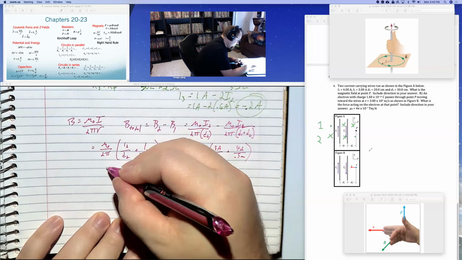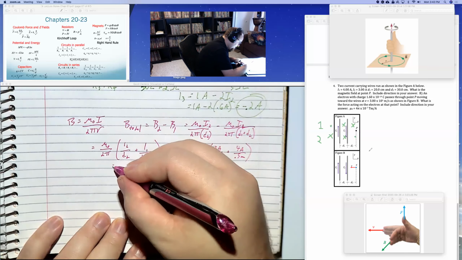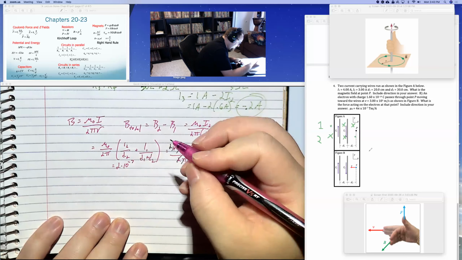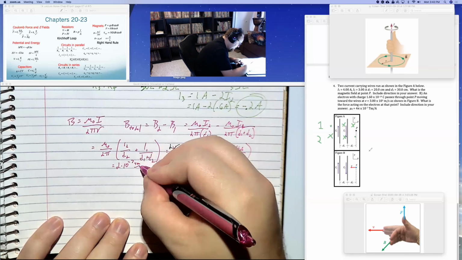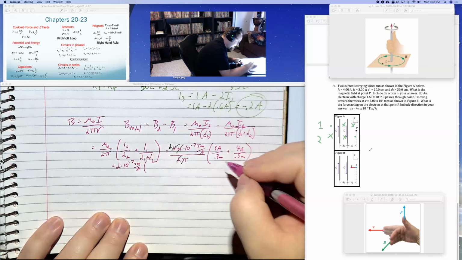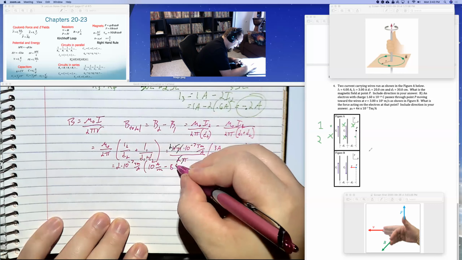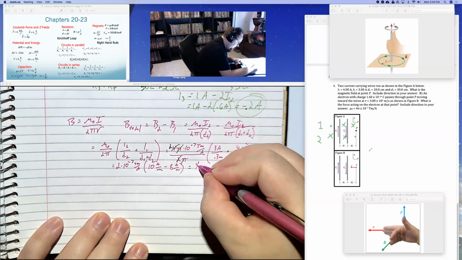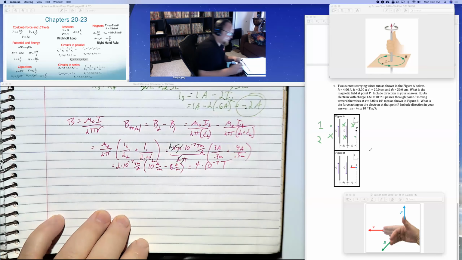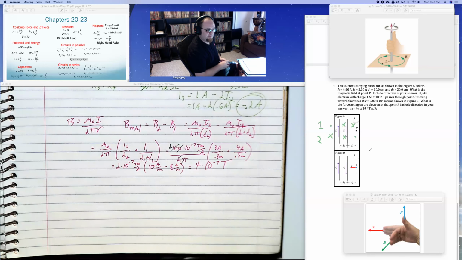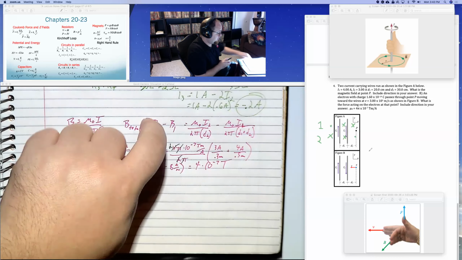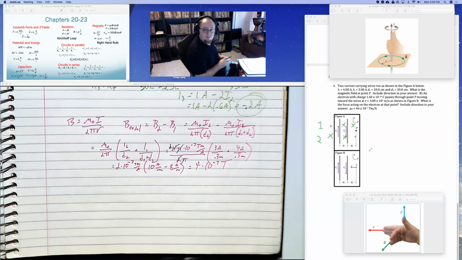So it'll be 2 times 10 to negative 7 Tesla meter over amp times 10 amps per meter minus 8 amps per meter. So it's 4 times 10 to negative 7 Tesla. Didn't even need a calculator. Now I got a positive answer, and I said B2 was my positive one. So it has to be in the same direction as B2, which is out of the page.